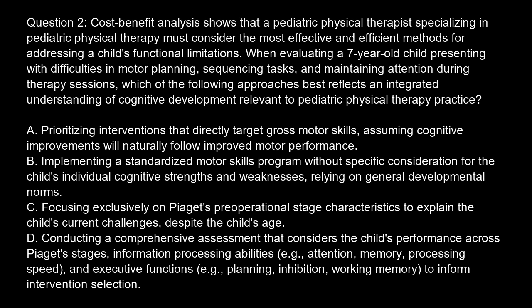Option C. Focusing exclusively on Piaget's pre-operational stage characteristics to explain the child's current challenges, despite the child's age. Option D. Conducting a comprehensive assessment that considers the child's performance across Piaget stages, information processing abilities, e.g., attention, memory, processing speed, and executive functions, e.g., planning, inhibition, working memory, to inform intervention selection.